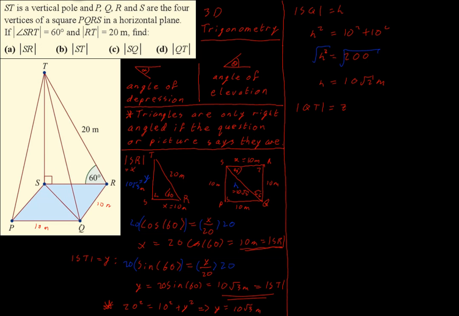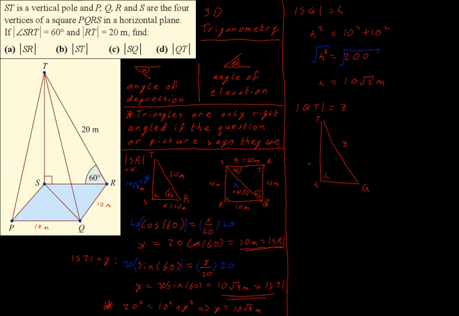And I'm looking for my hypotenuse of a right angle triangle QT. So let's draw that in because I don't have a diagram for it already. Now I have S, Q, T, and I'm looking for my hypotenuse here.